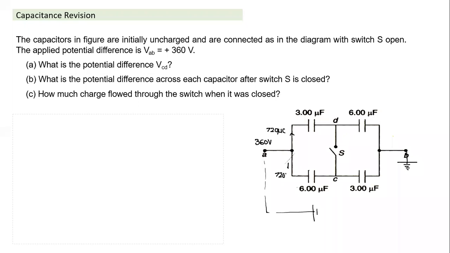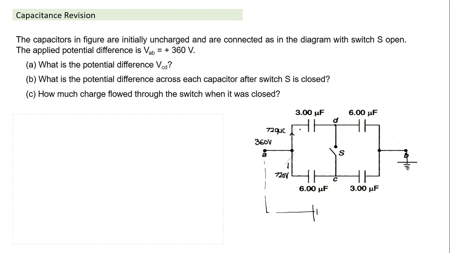Okay. And what will be the potential at point D? When they are connected like this, can we calculate the potential at points C and D? You can easily calculate it in two different ways. First, we can find the charge and then calculate V is equal to Q by C. Or, the total potential difference of 360 gets divided in inverse proportion of capacitance.